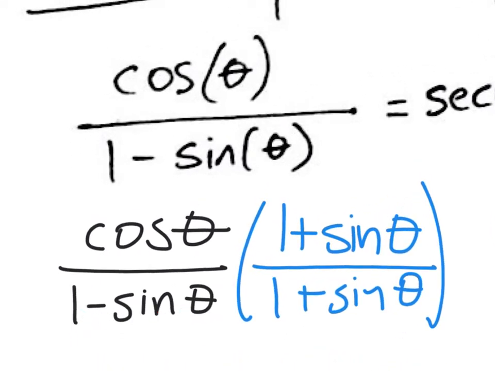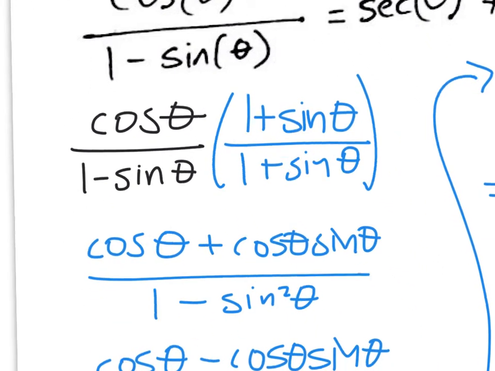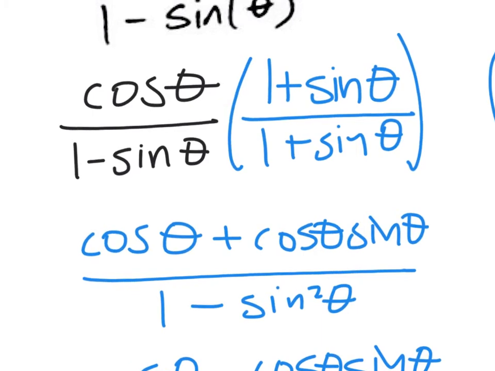So we have 1 minus sine theta, so we're going to multiply top and bottom by 1 plus sine theta. And we just pulled that out of nowhere, hoping that it will work. And that's sometimes what we do with these. So after distributing, we got cos theta plus cos times sine. And then down below, after foiling, these cancel, because it's going to be a minus sine theta plus sine theta.